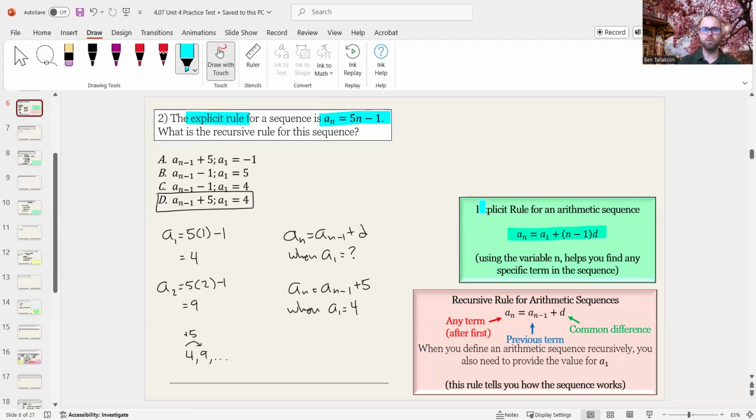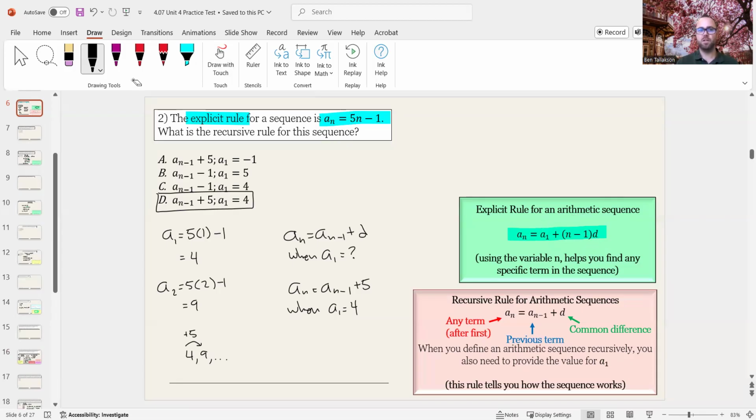Now, typically when you have an arithmetic sequence that's not simplified, you just look in the front to find a sub 1. So do we just look right here at the 5 to get a sub 1? No, we can't do that because changes were made, right? This is not in the same exact format as that. So we need to be sure.